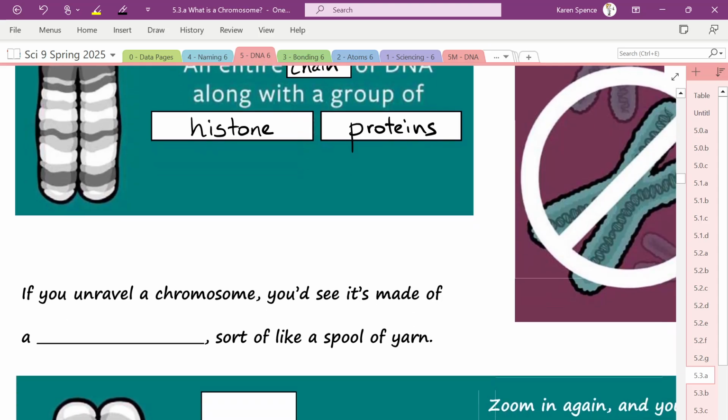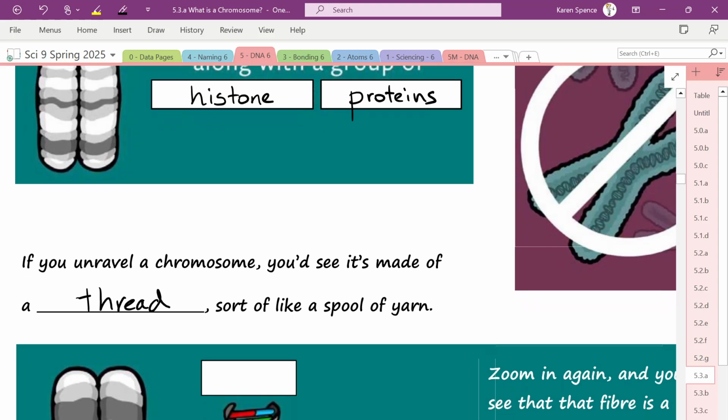So if you unravel a chromosome, you'll see it's made of a what? Thread. Good, I was going to guess thread. It's made of a thread, sort of like a spool of yarn.